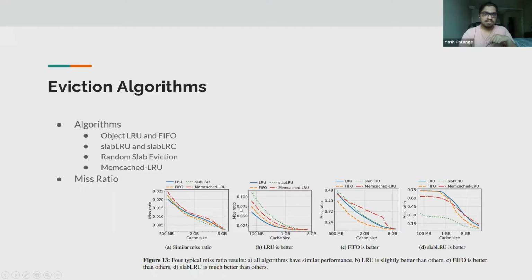In the second graph, B, we can see that LRU is much better than the others. In figure C, we can see that the FIFO policy is performing much better. And then in the fourth graph, we see that the slab LRU policy has much better results than all the other policies.